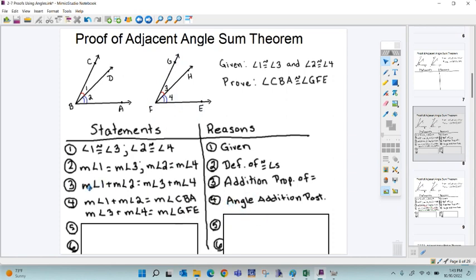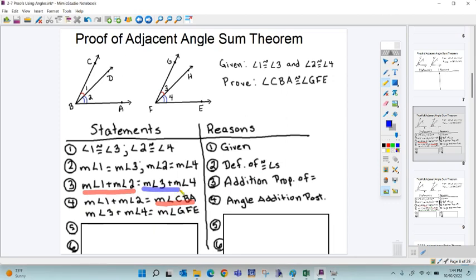What I then want to think about, because my goal is to show that these two big angles are equal to each other, is that I already know that angle 1 plus angle 2 equals angle 3 plus angle 4. And I want to begin to identify that. So angle 1 plus angle 2, that's the same as CBA.